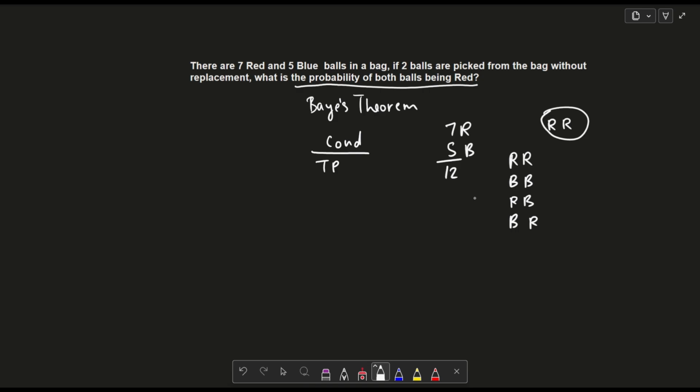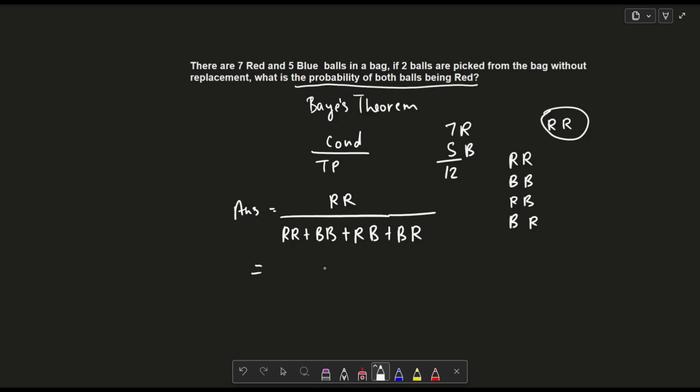So your answer will be probability of getting both of them red upon probability of getting both of them red plus probability of getting both of them blue, plus probability of getting first red and second blue, plus probability of getting first blue and second red, right? This is your answer.